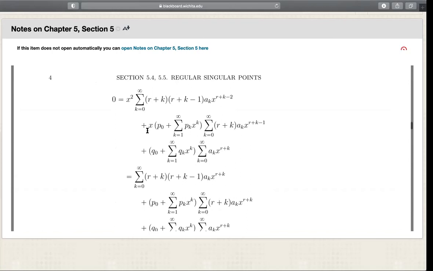Now, big danger warning: people sometimes mess this up because they forget this x right here. Anyway, this is x squared times the second derivative of the y, or the phi. This is the x, p of x, and this is the first derivative of the y.